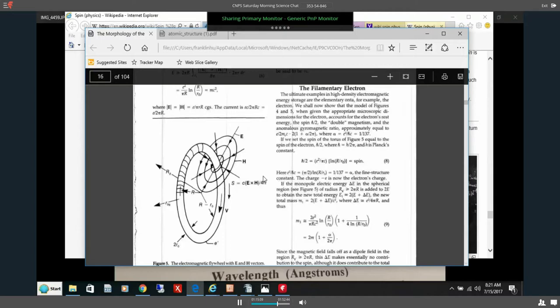Now, I've noticed on your toroidal ring, I've brought this up a time or two before, that you have the electron designated as a toroidal ring that has a major axis and minor axis, where the minor axis is quite small compared to the major axis.